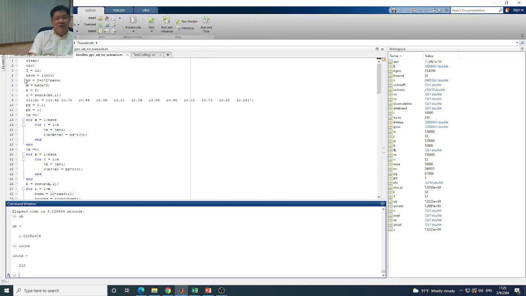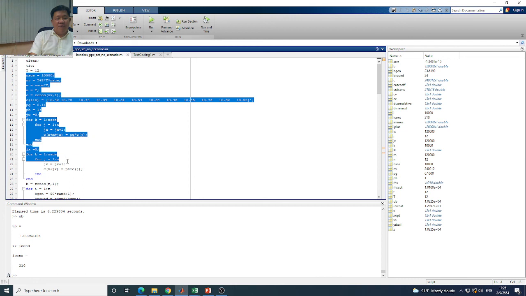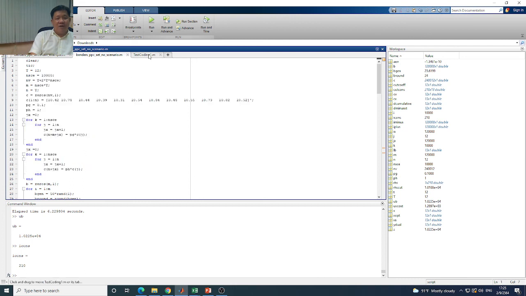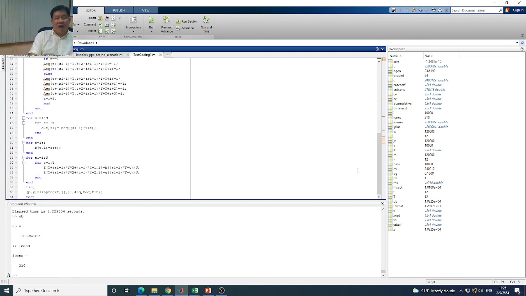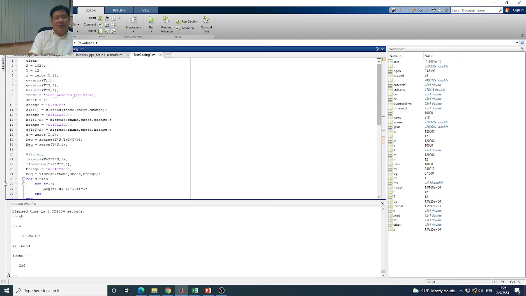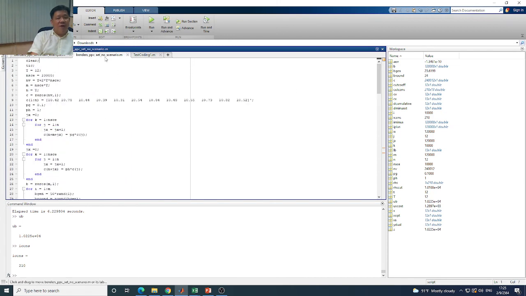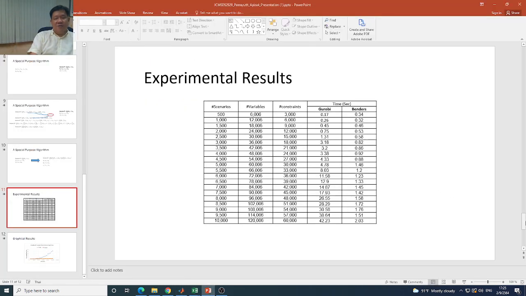Also you can try to adjust this problem input to the test coding, to check how far this direct model can go when using the same computer. So in this part, that's just about to wrap up the explanation of all the Matlab programs that we developed to solve this type of problem.